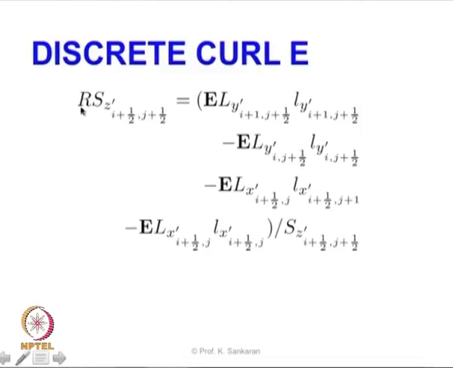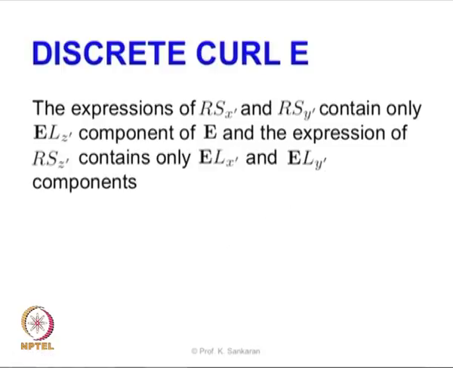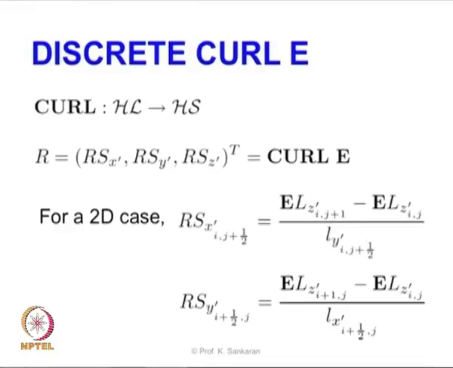And the third component is this Rs z prime component. And now what we can see is the expressions for Rs x prime and Rs y prime contain only the El z component, and that is what we have seen here in the expressions.